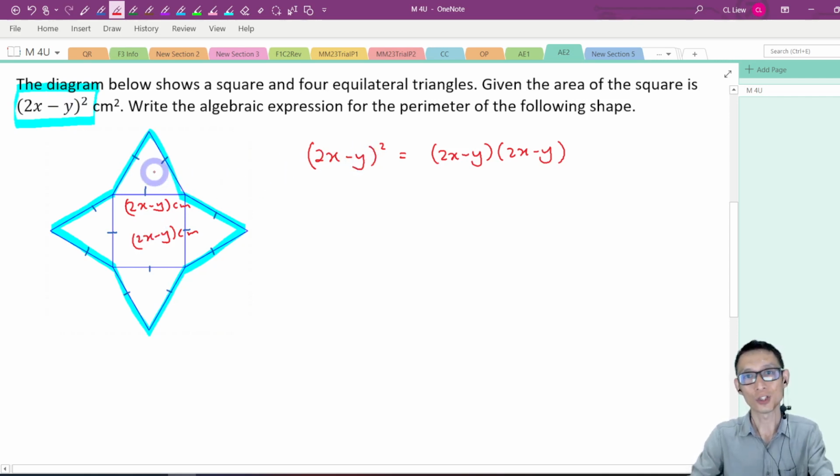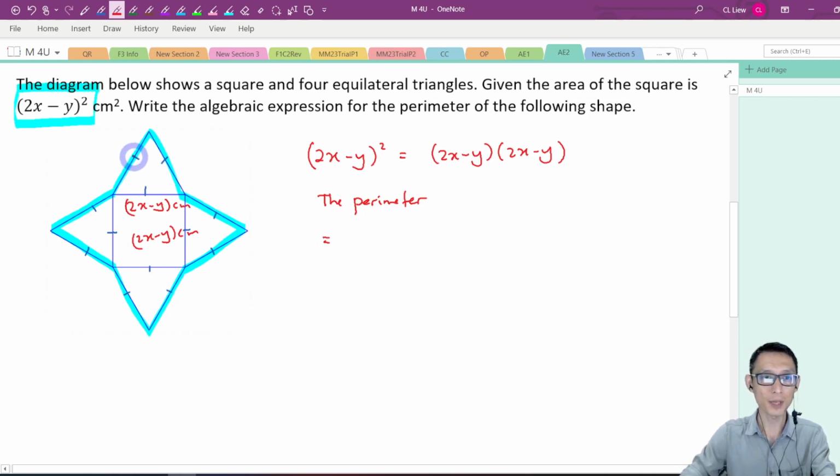Now, since the question tells us this is an equilateral triangle, if the length here is 2x minus y, we know all the lengths here will be 2x minus y as well, right? So the perimeter will be equal to how many 2x minus y? 1, 2, 3, 4, 5, 6, 7, 8. 8 times 2x minus y.